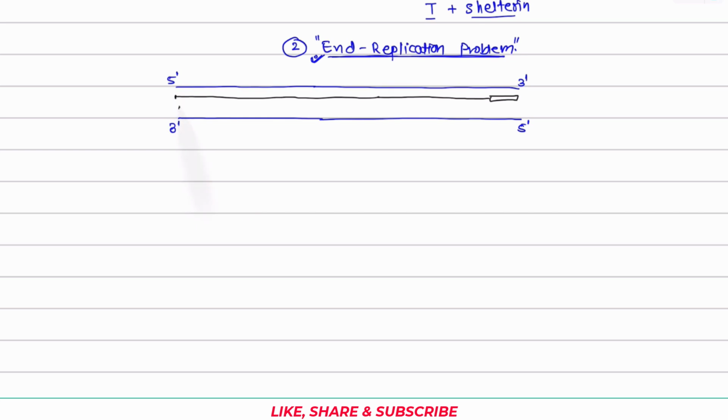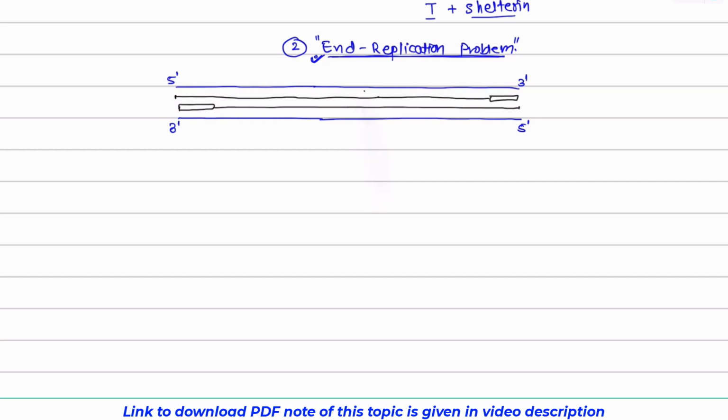Similarly, on the opposite strand, at the 3' end, first the RNA primer will be inserted and then new DNA will be synthesized. Now you know the concept of leading and lagging strand, right? In a lagging strand, there are also intermittent RNA primers. But all these intermittent RNA primers are later removed and replaced with proper DNA, except for the terminal RNA primers, this one and this one. These terminal RNA primers are later removed.